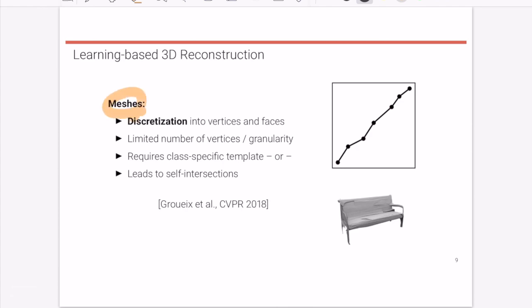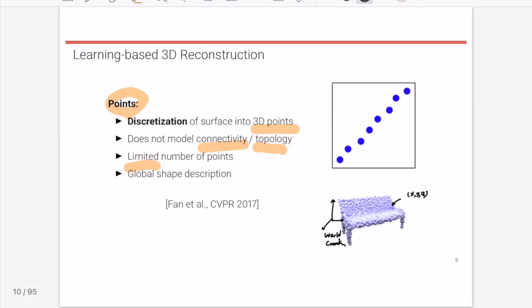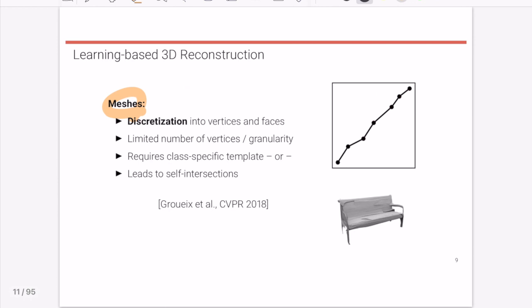Another representation is a mesh representation. Mesh representation is the extension of the point cloud representation. This is also a discretization into not only vertices, the point positions, but also faces.